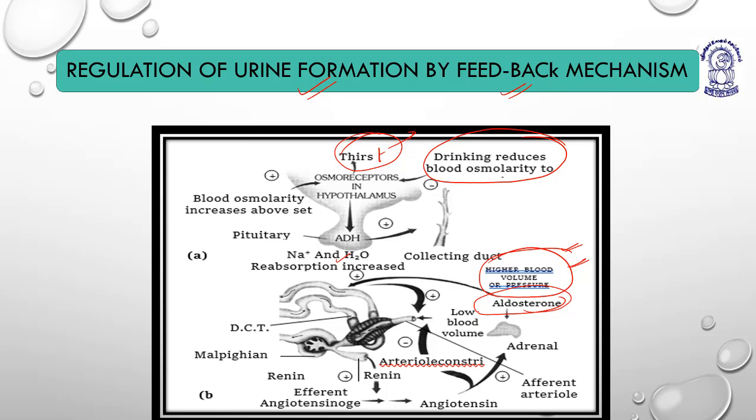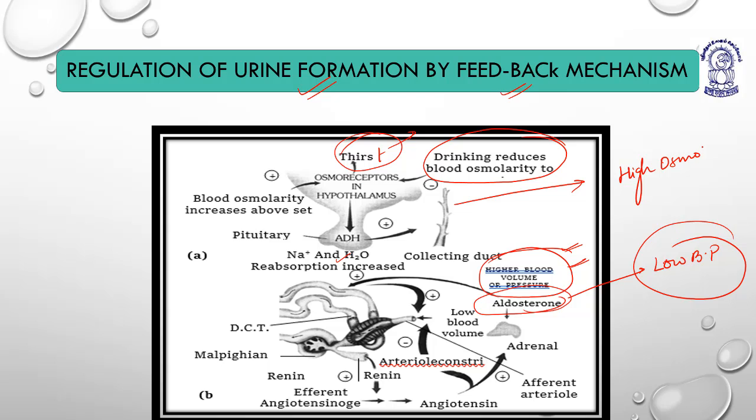So the RAS system and the secretion of ADH are triggered by the same thing: low blood pressure. It is also triggered by high osmolarity.